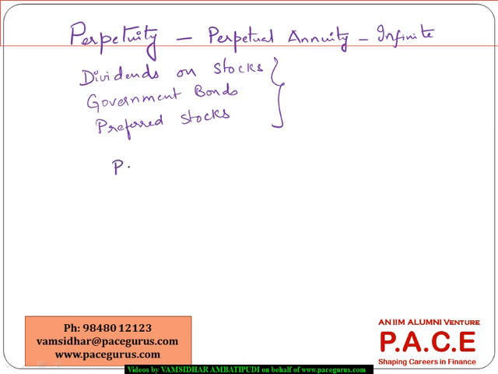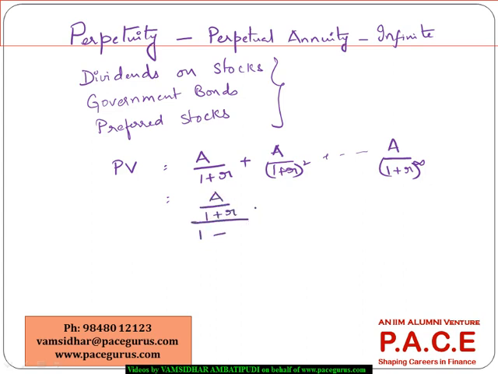So if I want to find the present value of the perpetuity, I look at A coming after 1 year, A coming after 2 years, A coming after infinite years. This is the sum of infinite terms of a geometric progression: the first term divided by 1 minus the common ratio.